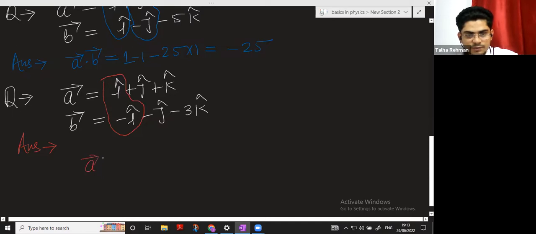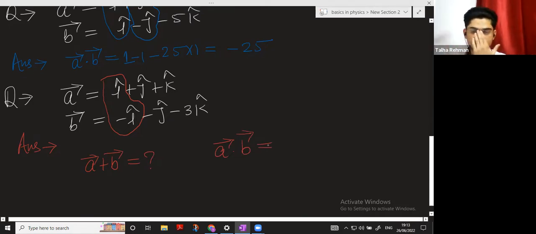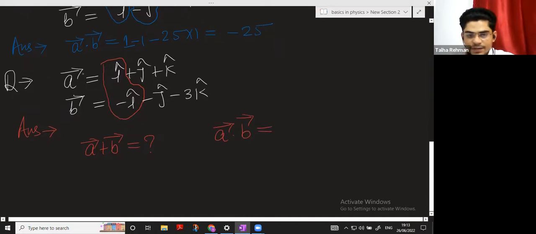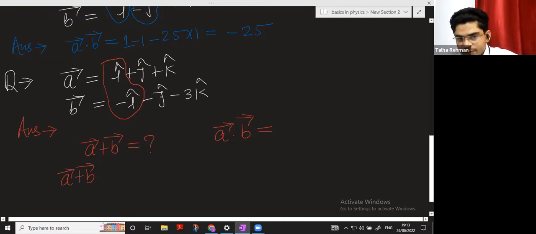A plus B, one minute. We have to find A plus B, and also we have to find A dot B. This is simply addition or multiplication, nothing else. If we want to add this, what will be the answer? A plus B. We will add one I and one I. We will not add I with J. We will add only I with I. One I minus one I, so what is the answer? 0.